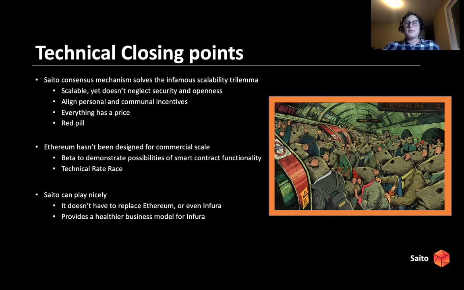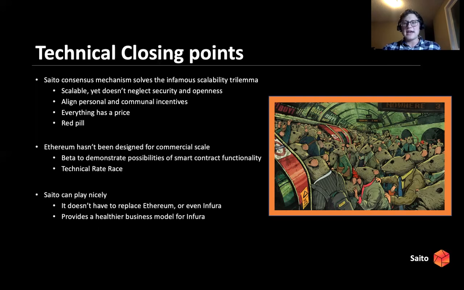So in terms of Ethereum, I don't really think it's been designed to work in a commercial sense. I view it as more of a beta blockchain to demonstrate the fact that smart contracts are hypothetically possible. Yet they have continued to go with this blockchain with incentives that aren't optimal.